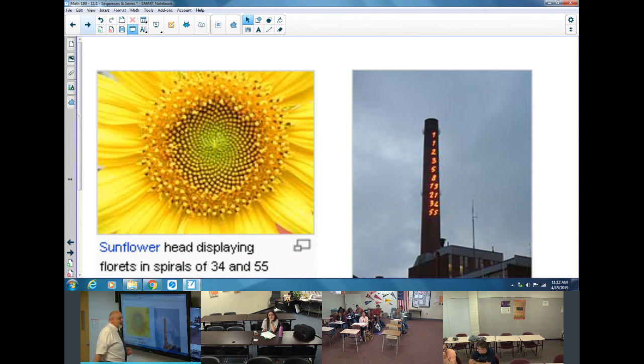This is just a chimney at a plant in Turkey where they've put the Fibonacci sequence. Somebody was a big fan, I guess. But the idea of the Fibonacci sequence being found in different galaxies has been sort of a new discovery.